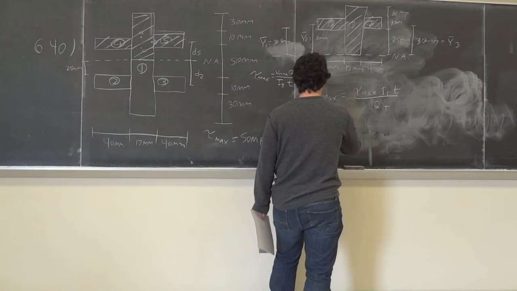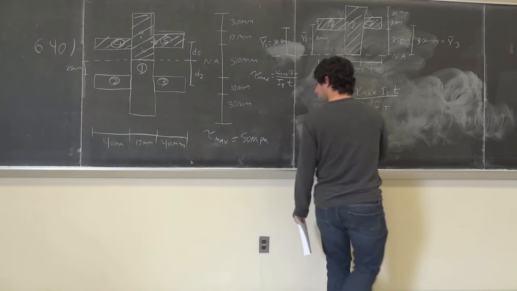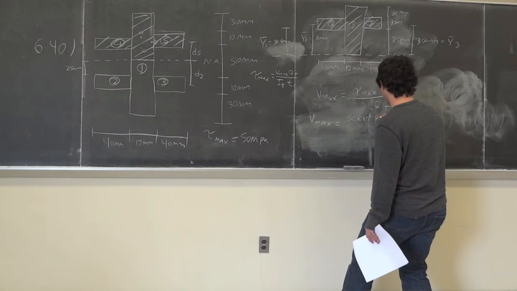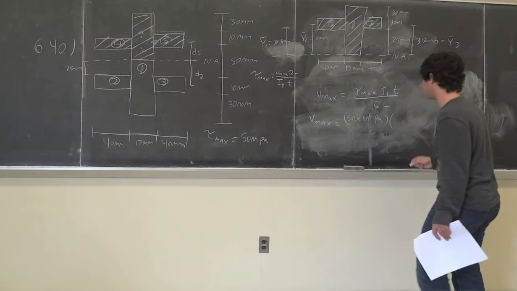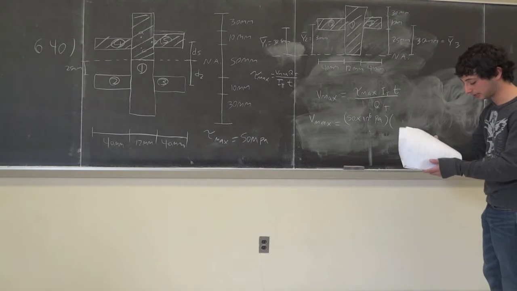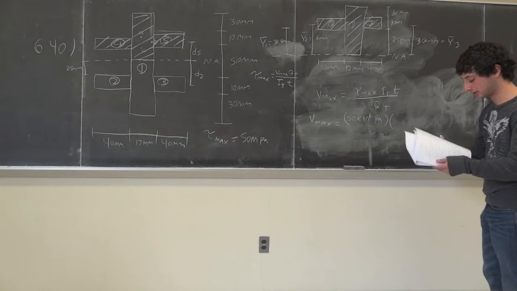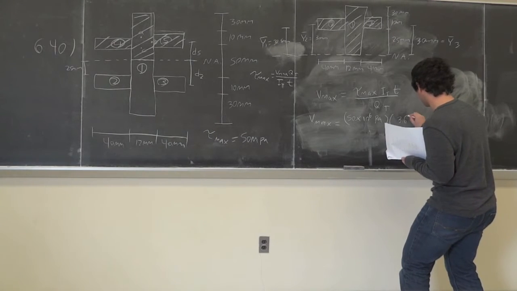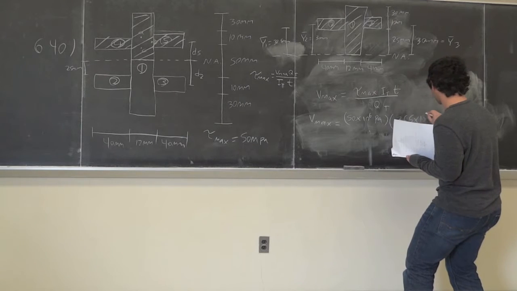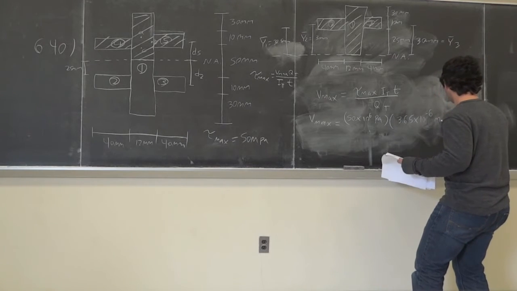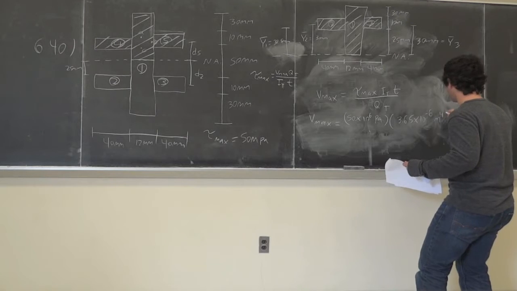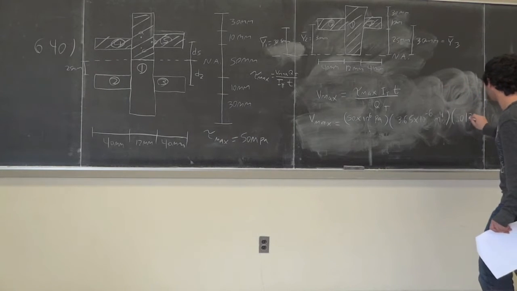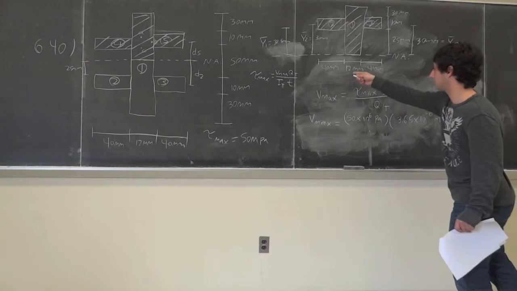So V max is equal to 50 times 10 to the 6 Pa multiplied by the total moment of inertia I gave you guys before, but I erased it. That value is 3.65 times 10 to the negative 6 meters to the fourth. And T is 0.012 meters, just this distance.